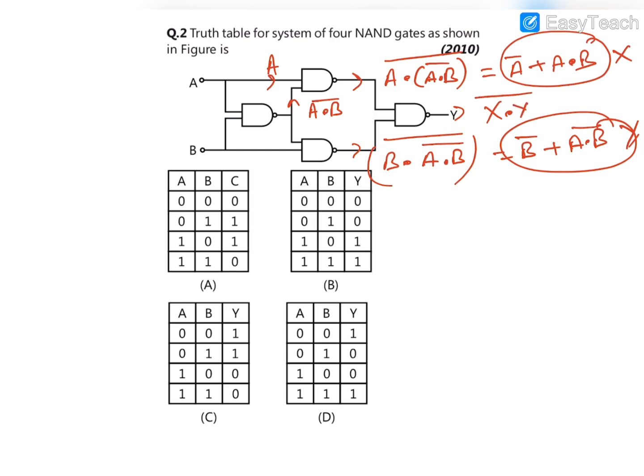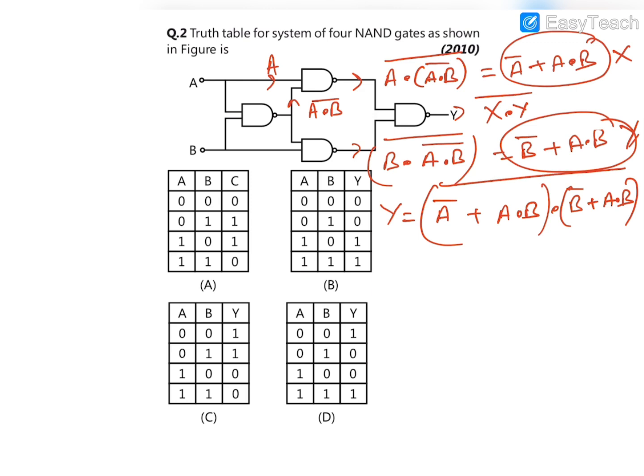Okay, so let us write down the value of X dot Y, and X is A bar plus A dot B, and dot with B bar plus A dot B, whole bar.